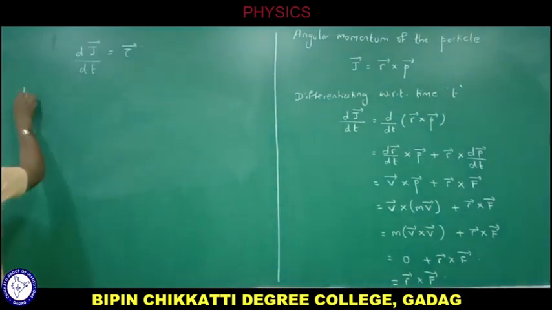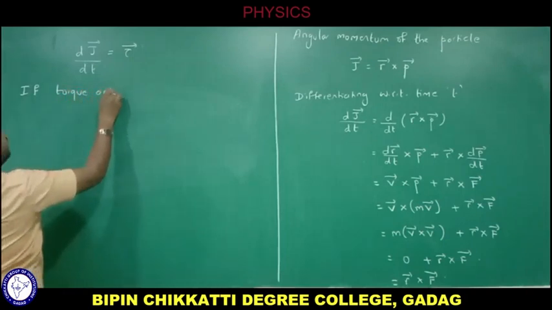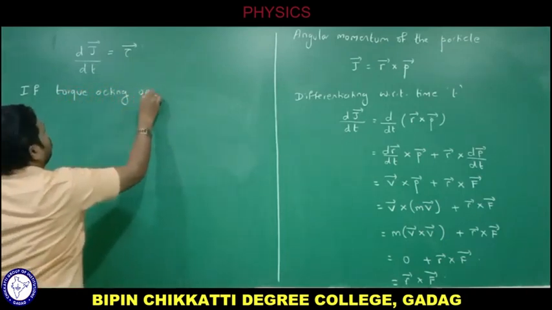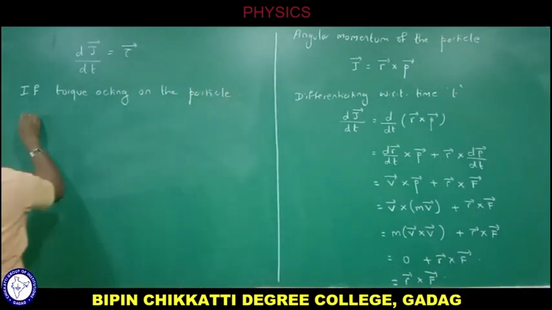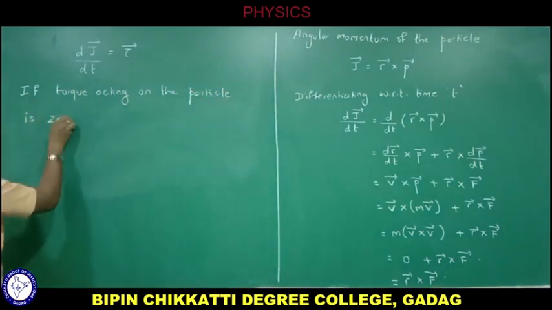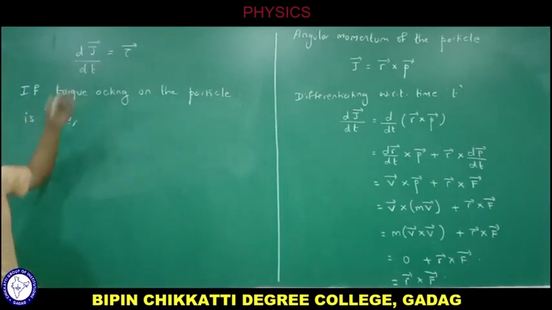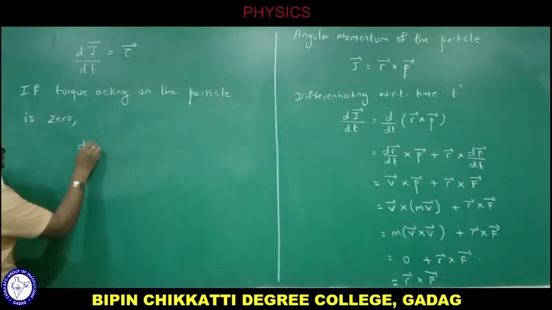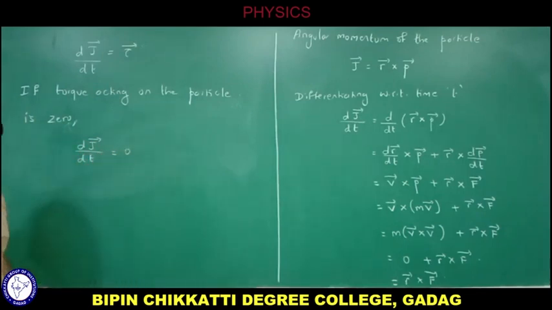If torque acting on the particle is 0, what happens? Let us check. In this equation, let me put tau equal to 0. What do you get? dJ divided by dt is 0, right?